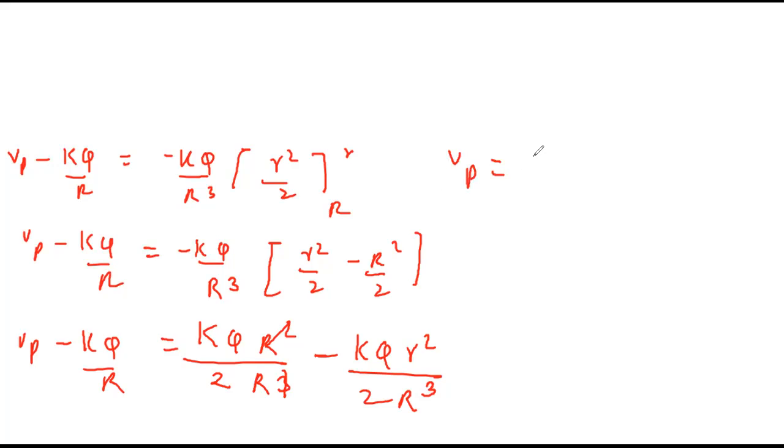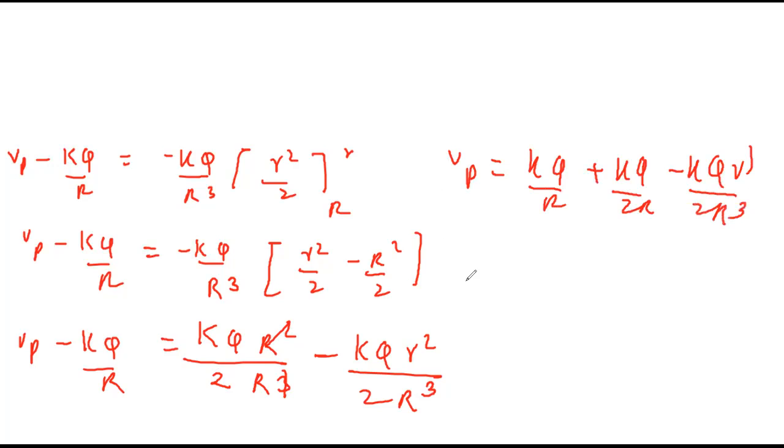So Vp will be, this I am bringing on this side, Vp equals KQ by R plus KQ by 2R minus KQ r square upon 2R cube. So Vp equals, LCM will be 2R, this is 2 plus 1, 3 times KQ minus KQ r square upon 2R cube.